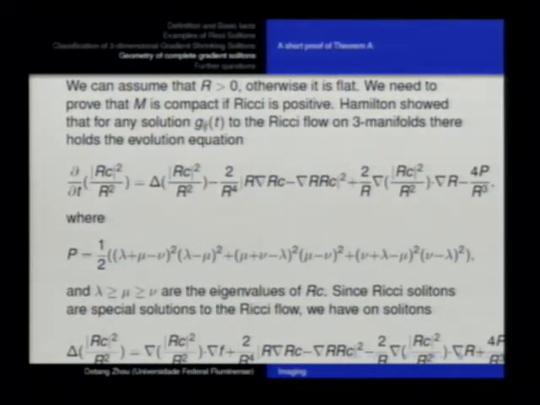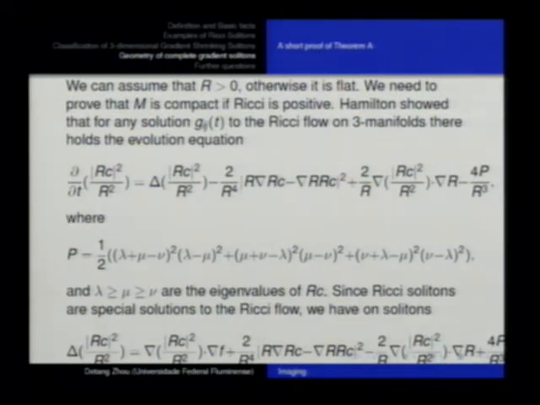If you have a Ricci flow, the curvature tensor evolves like this, where P is like this. Lambda, mu, and nu are eigenvalues of the Ricci curvature. We are now in the three-dimensional case. This has been proved by Hamilton.